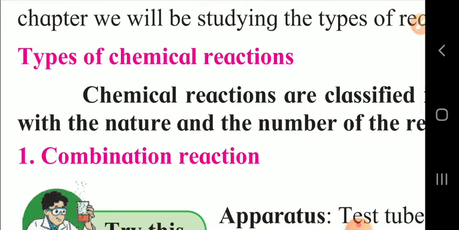Chemical reactions are especially classified into 4 types according to their nature of reaction, the number of reactants and the number of products. So the first one is the combination reaction.